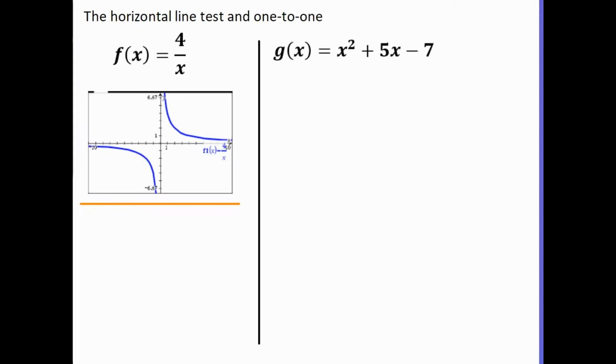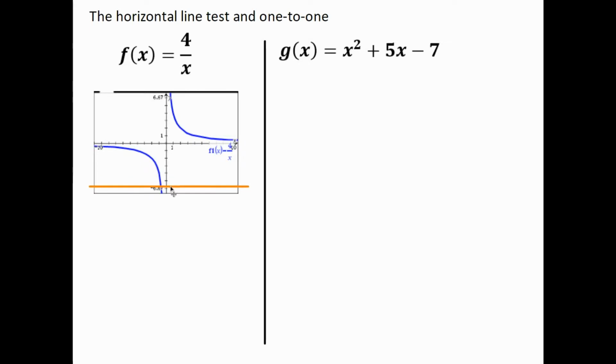At any point on this graph, does it cross the function more than once? So as I move this line across, you will notice it only touches it one time at any given y value. We have no sharing x's. We have an asymptote. This is 0. It's not crossing the line at all, but that's okay. We're just seeing if it touches it more than once.